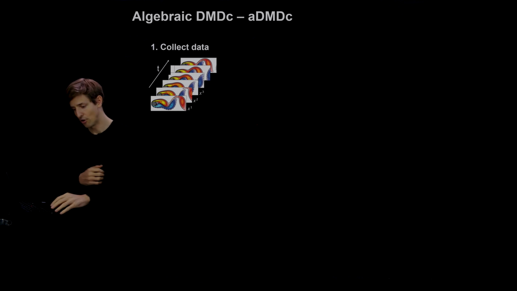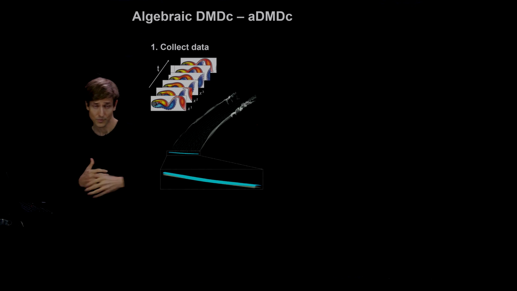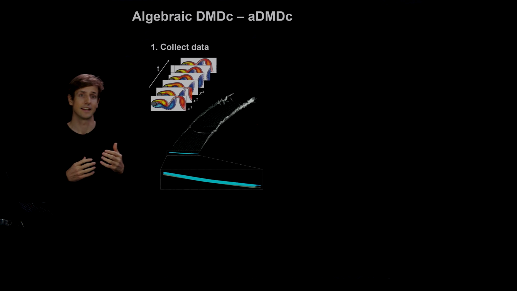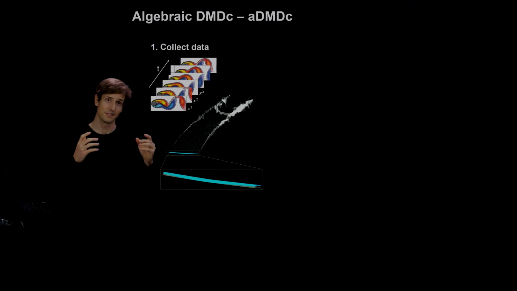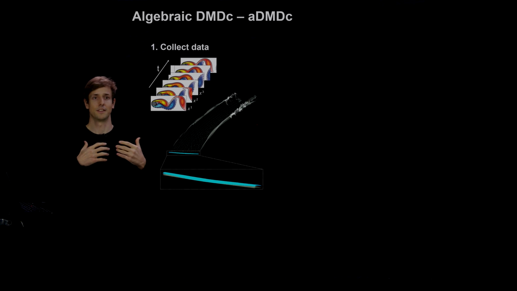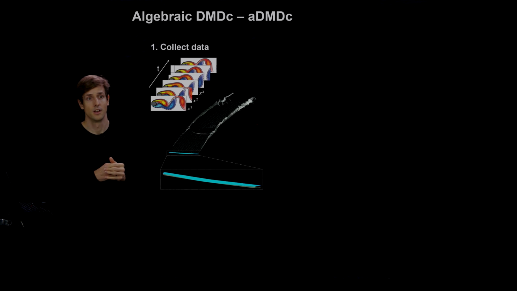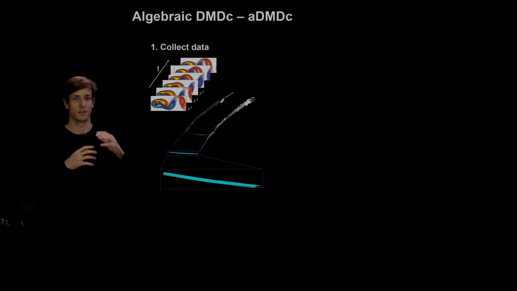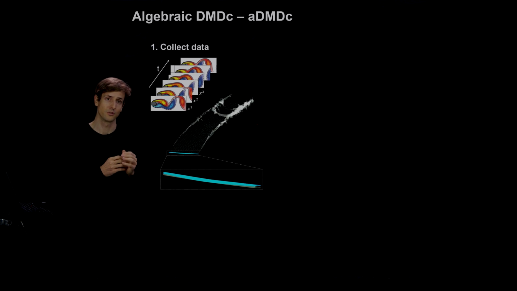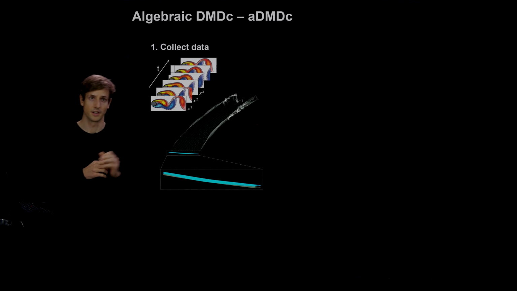And in the case of flexible wings or of our morphing wing, we are mainly interested in the wing deformations and the pressure distribution on the surface of our wing. So we're not exactly interested in what's going on in the flow around the wing, but we really want to know what's happening on the wing.